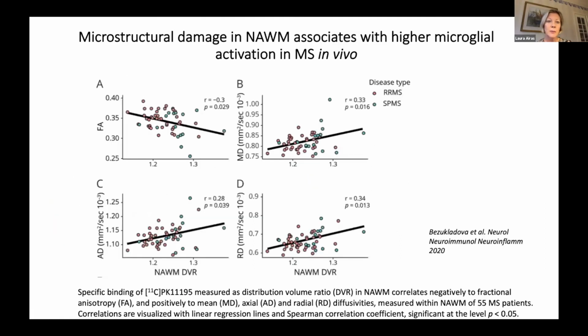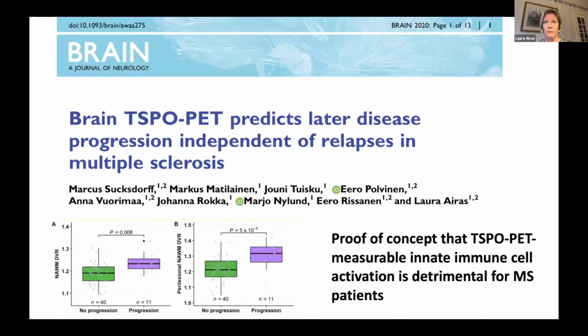Now we have recently published a paper demonstrating that DTI MRI measures reporting on neuroaxonal damage in the normal appearing white matter also associate with increased microglial activation. So there is co-localization of microglial activation and damage.